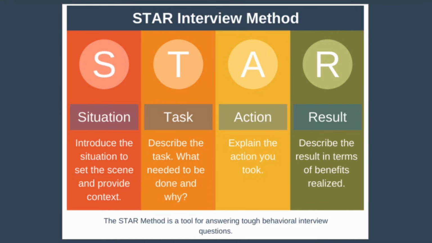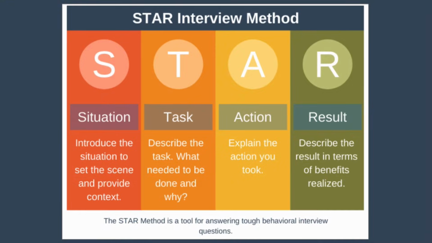And the final step is result, and here you describe what results were attributable directly to your actions. So you should describe the results in terms of the benefits delivered. And this step is also the time to explain any learnings you had from the experience. So with that, let's take a look at an example question and how you might answer it using the STAR method.